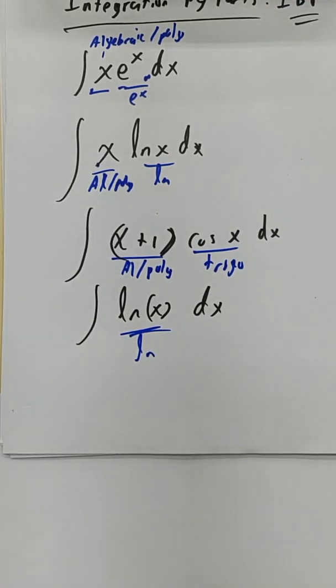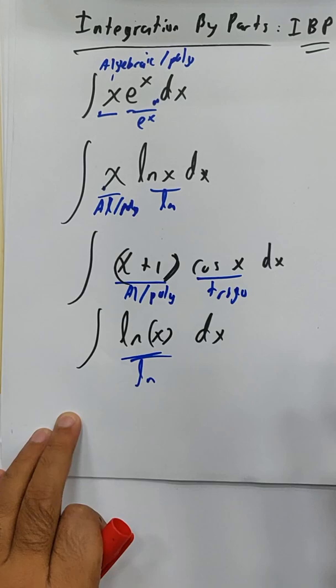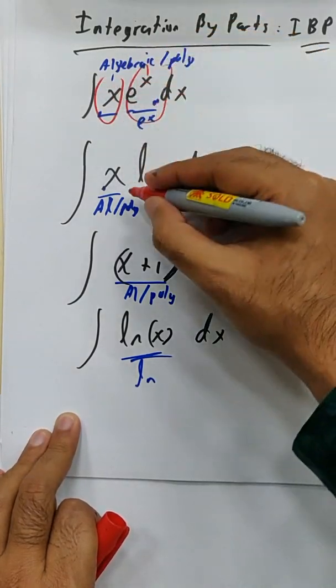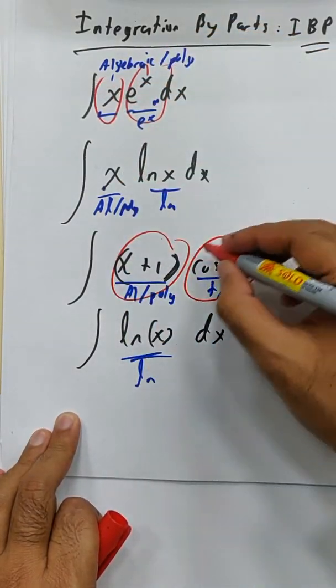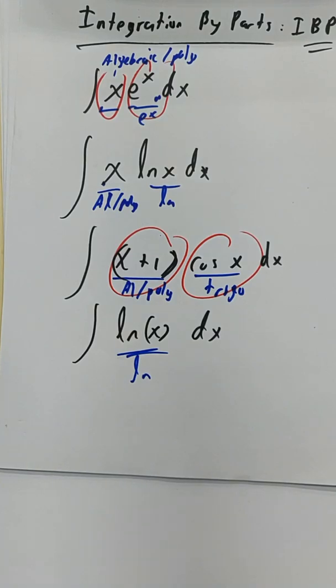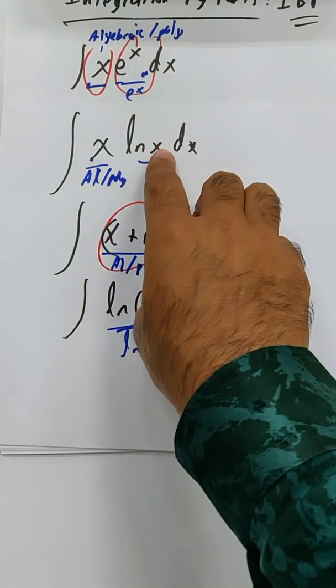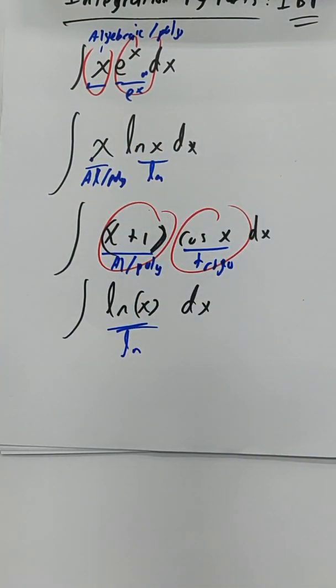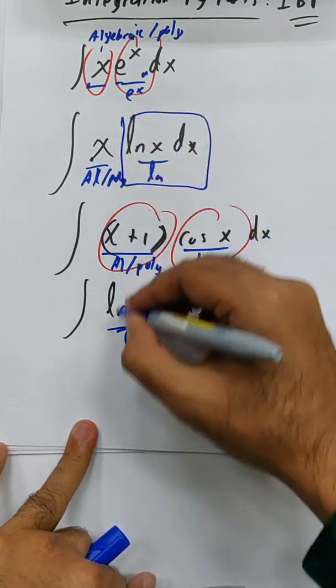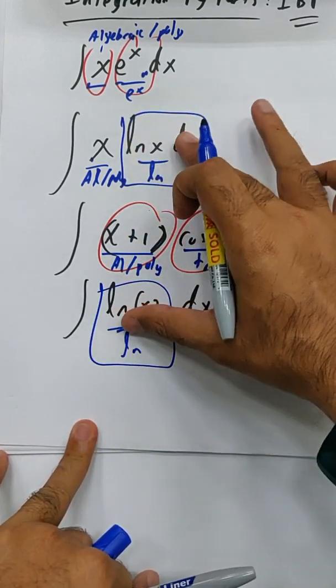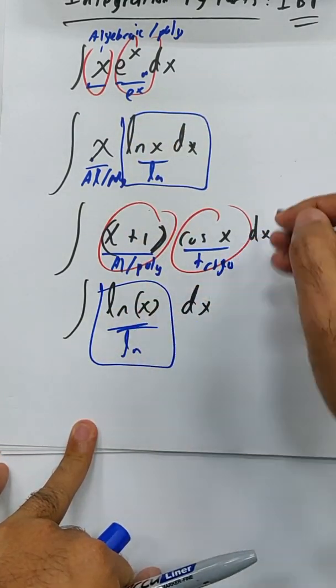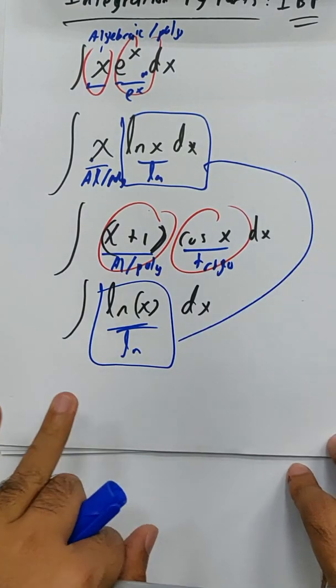So this kind of case is when you are given two types. I want you to see there are two different types. Yes, sir, I can see there are two types. But normally I say to people, the moment you see an ln, even by itself, it's a given IBP.